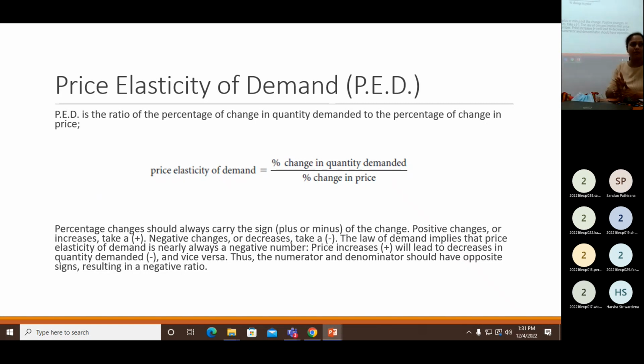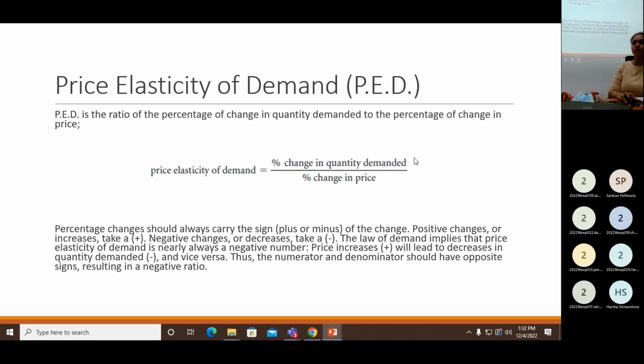We quantify the demand: how much quantity do you want? When a quantity comes, we can measure it. So that's why in the formula it looks like quantity demanded.